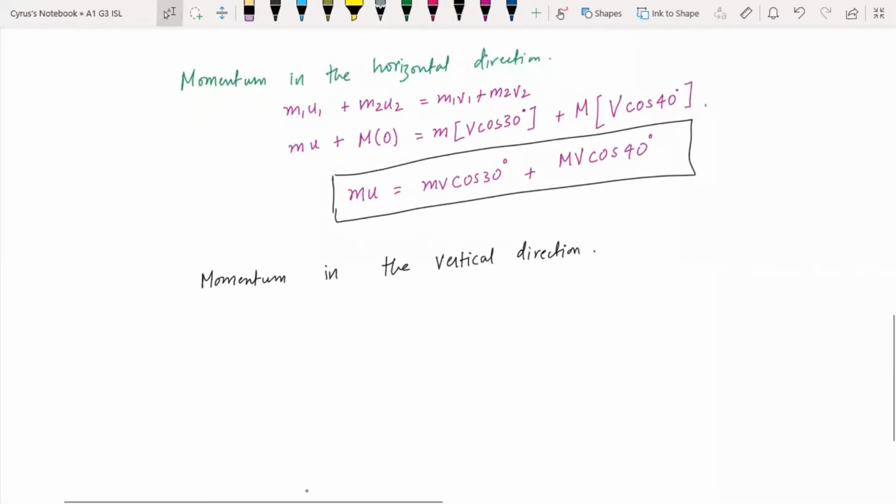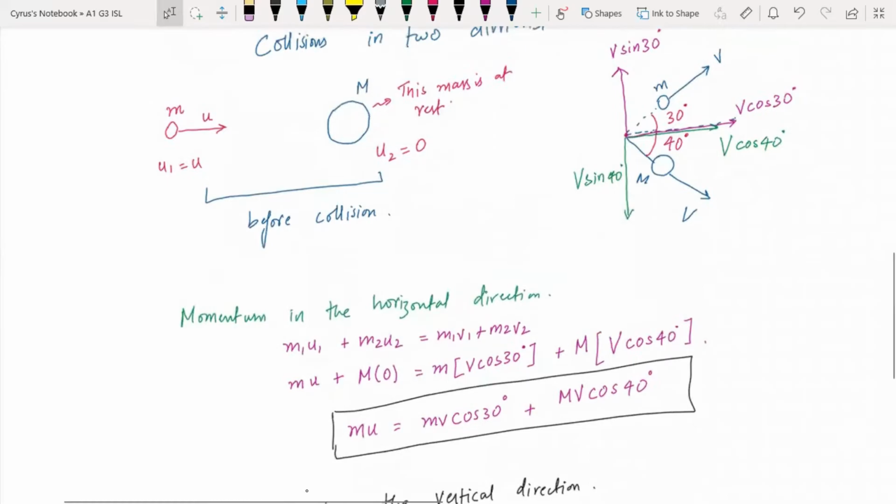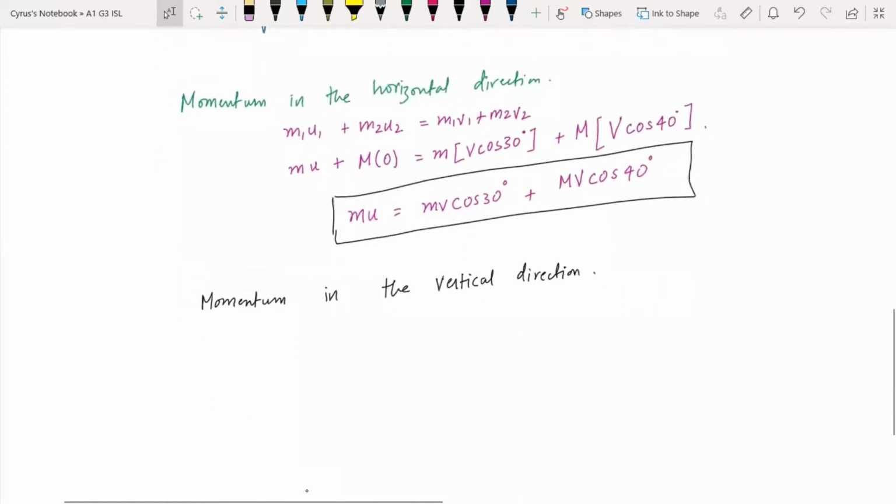आप देखें, अगर गौर करें तो मोमेंटम शुरू में वर्टिकली तो जीरो है क्योंकि वो हॉरिजॉन्टली मूव कर रहा है. सो वी हैव हियर m1 u1 plus m2 u2 is equal to m1 v1 plus m2 v2.